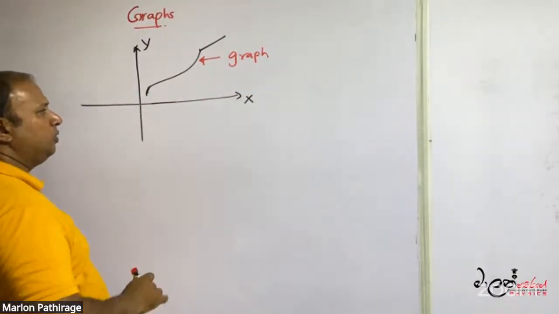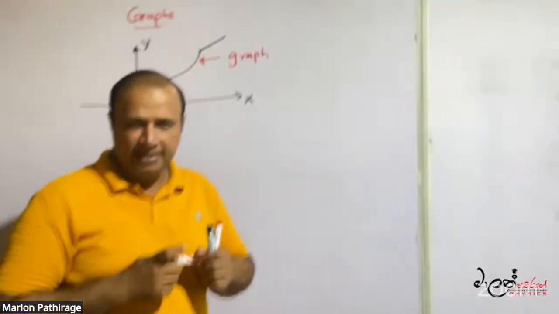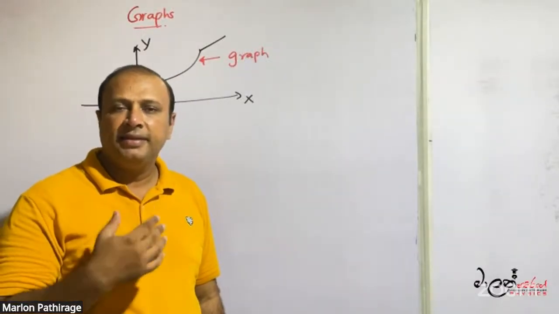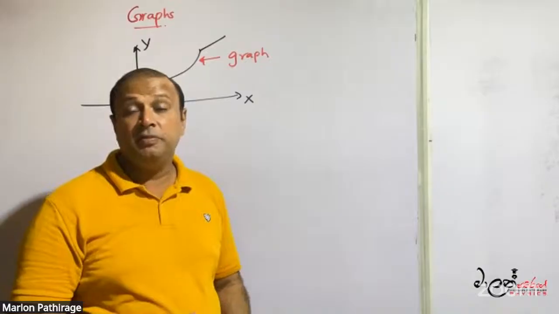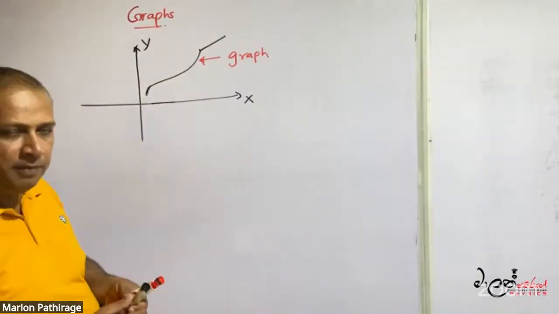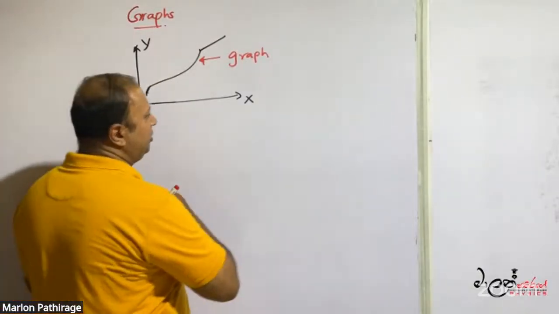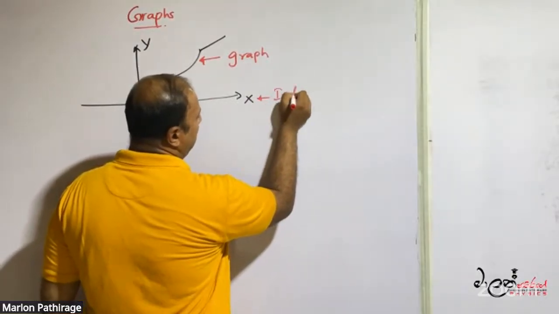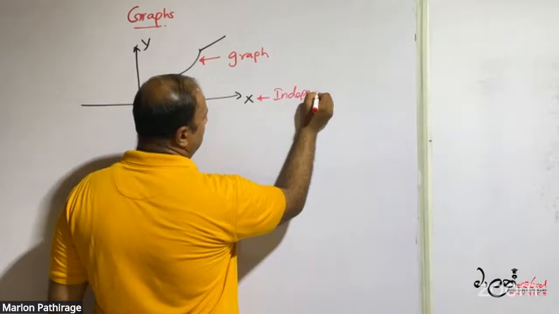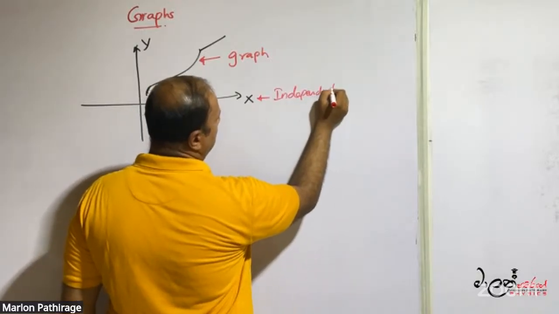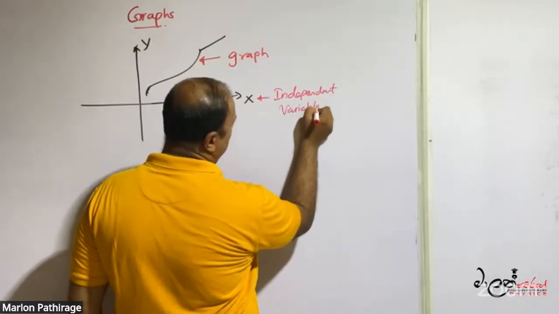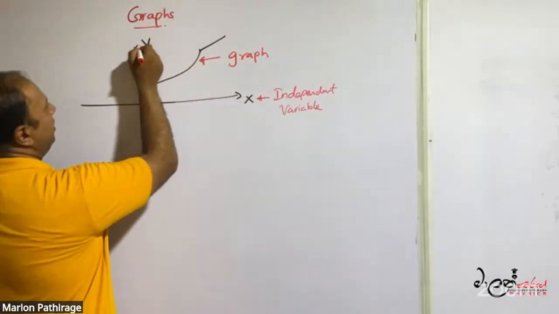Usually the x-axis represents the independent variable, and the y-axis represents the dependent variable.